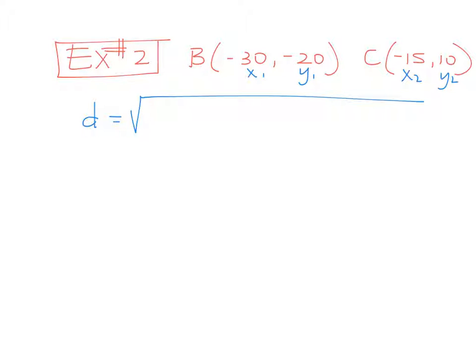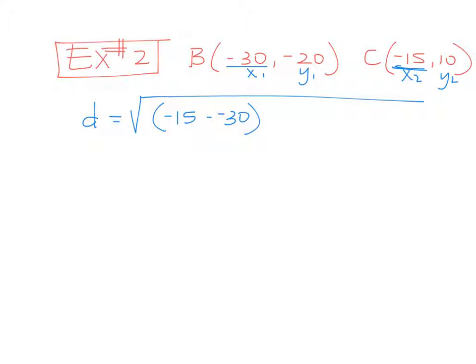Try it without looking at the formula in front of you. What do you do? What's your first number? Negative 15, your x2. Then what? Minus your x1, which is a negative 30.